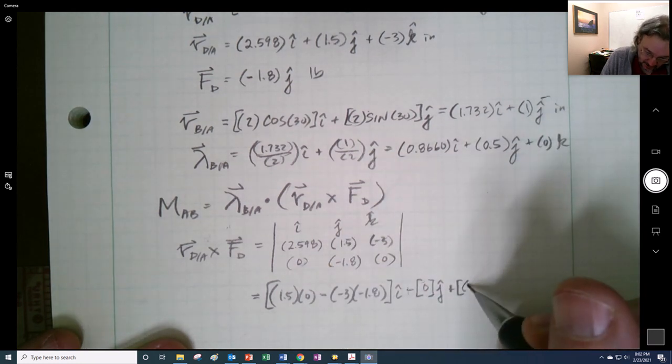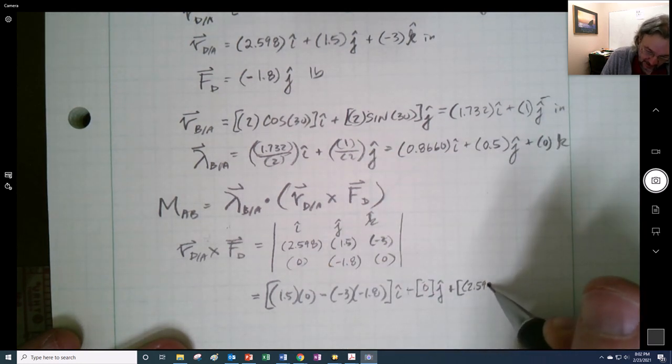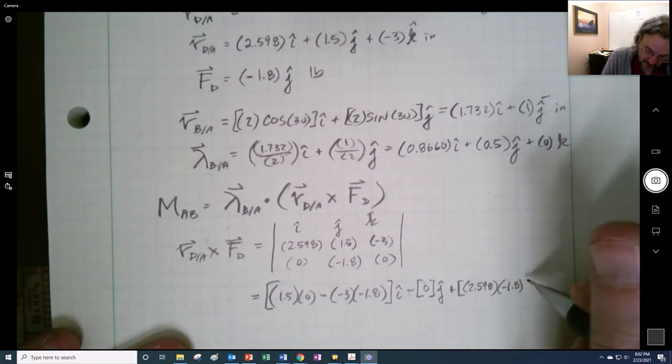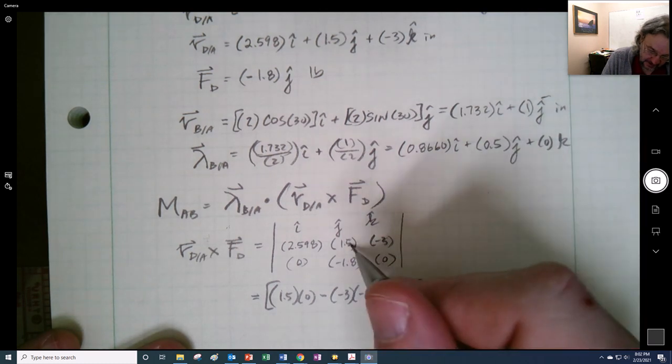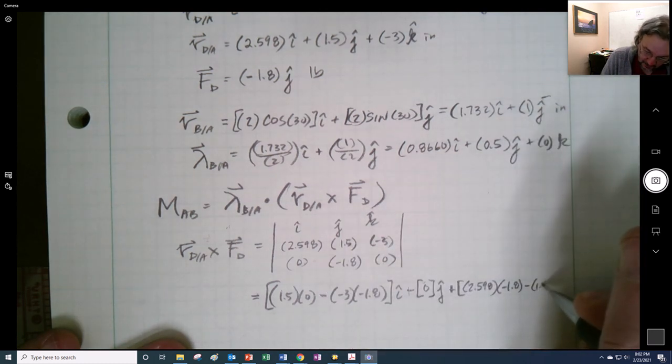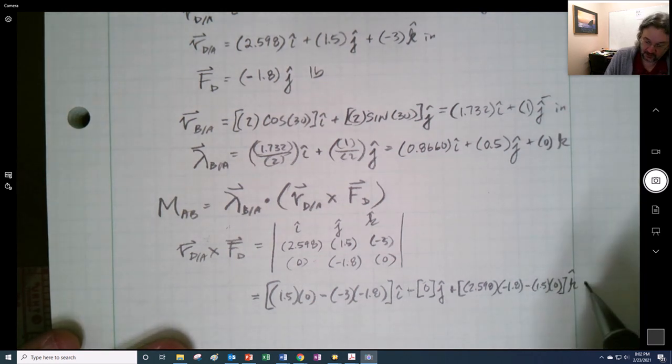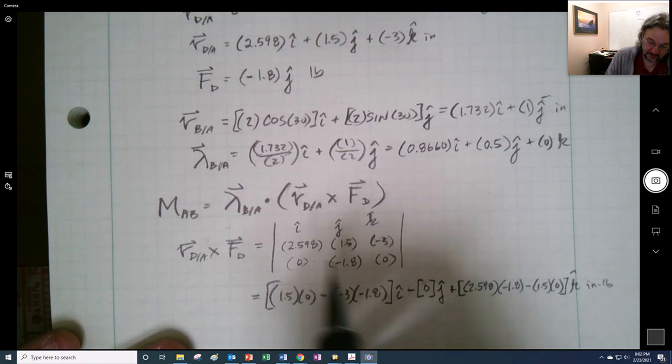So we do have something here, 2.598, right? And that's going to be minus 1.8, and then it's going to be minus 1.5 times 0, 1.5 and 0 right here. So we have K, and those would be inch pounds, by the way.